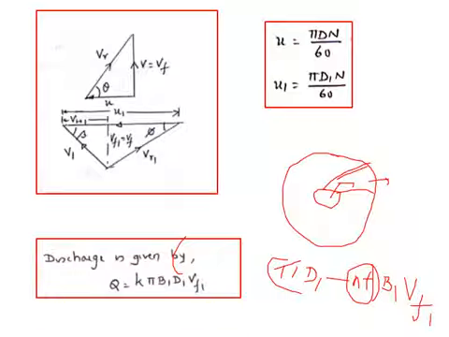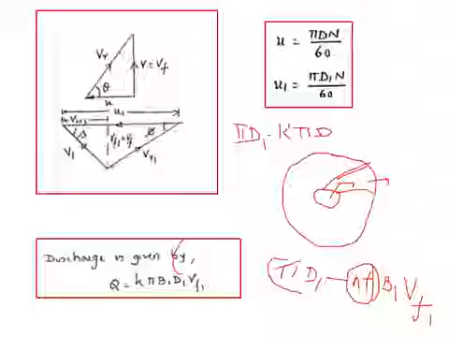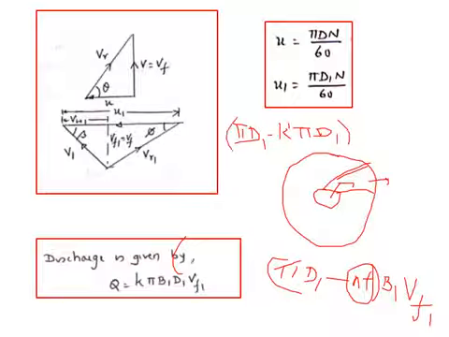So what we write is pi times D1 with 6% blocked, so K dash times pi D1, multiplied by B1 into VF1.